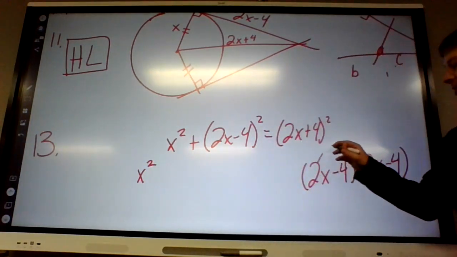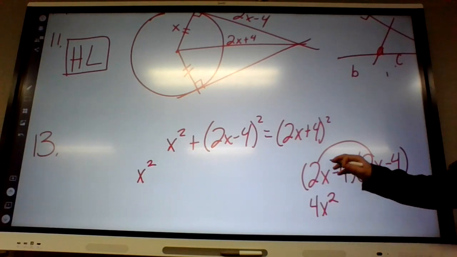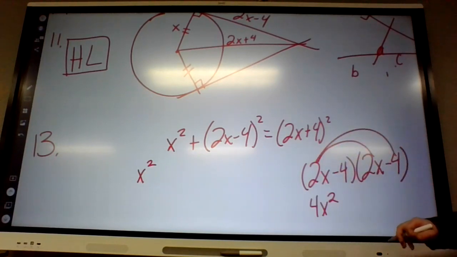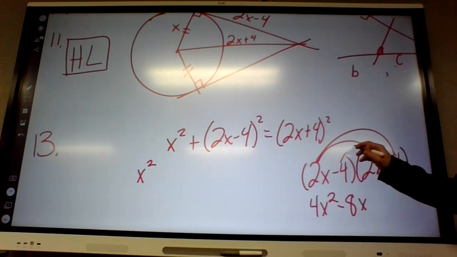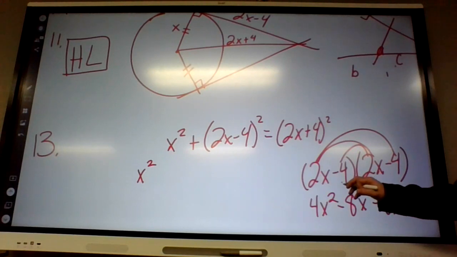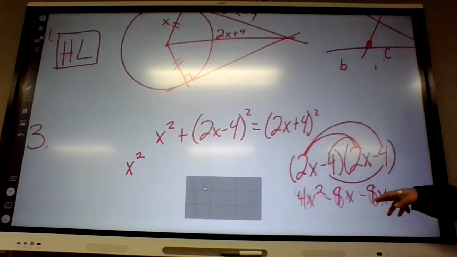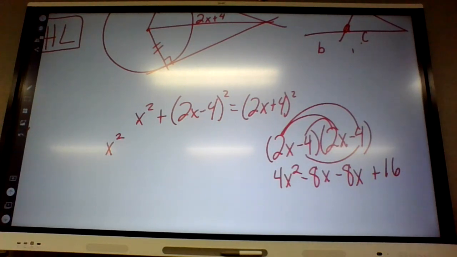So the first is 2x times 2x. The outside is 2x times minus 4. The inside is minus 4 times 2x. You guys remember how to FOIL? The last is negative 4 times negative 4.